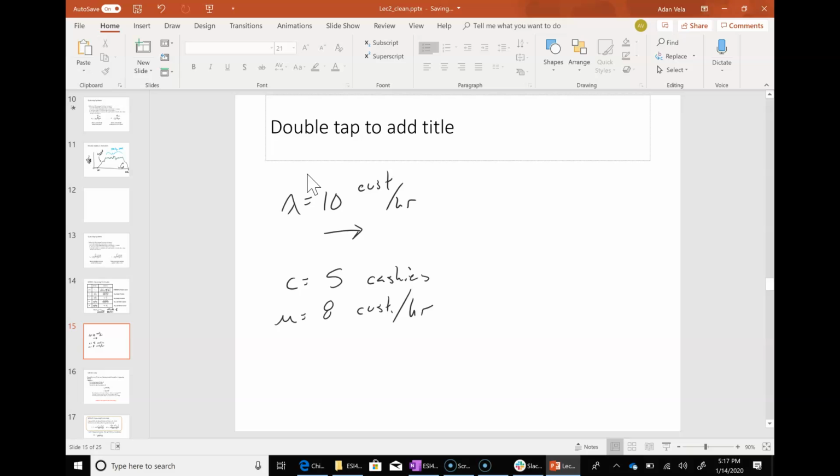So the utilization is given by lambda over C times mu. We fill that in: 10 divided by 5 times 8. That's 10 over 40, which is 1/4. So the utilization of my system is about 0.25.